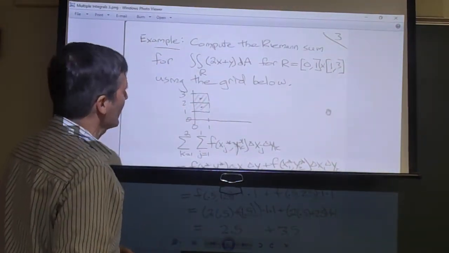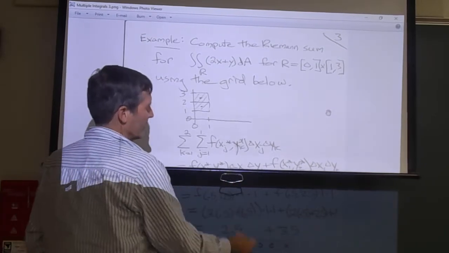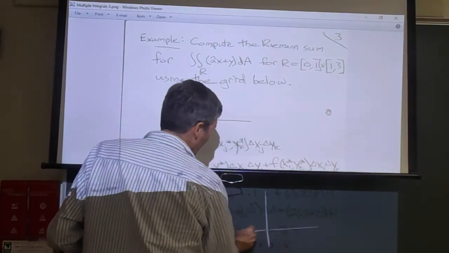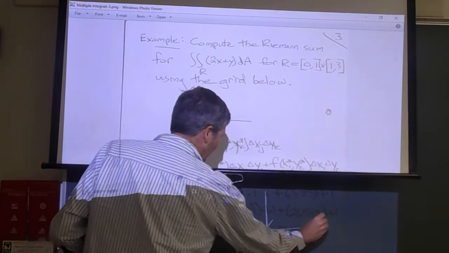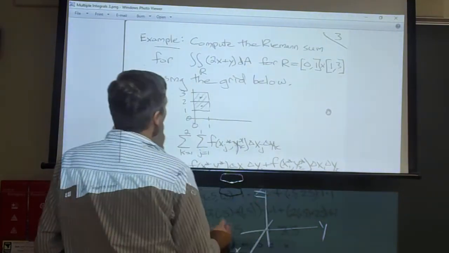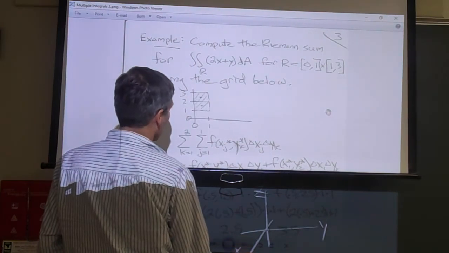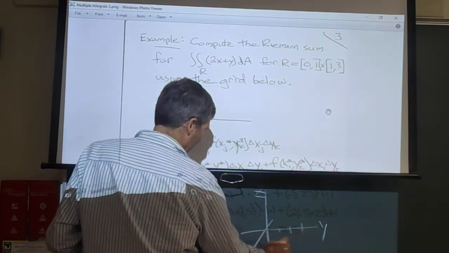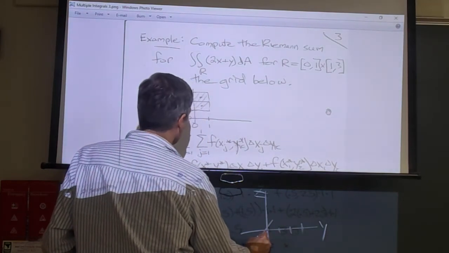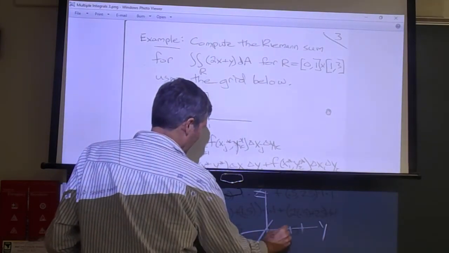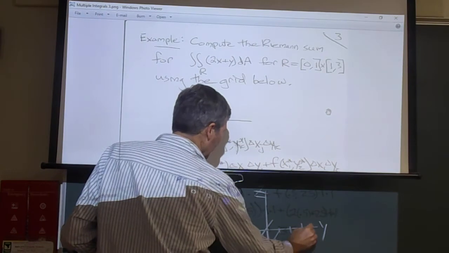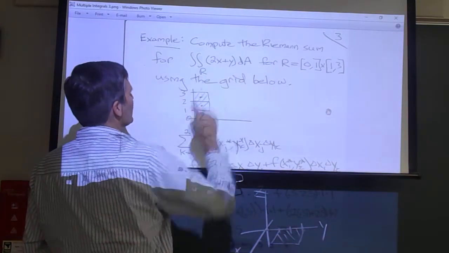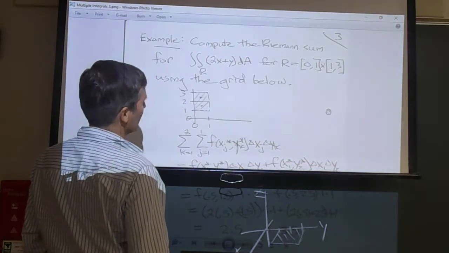And actually, let's just leave it like that and say, now over that region, here's x, y, and z. And the xy plane, y goes from 1 to 3. X goes from 0 to 1. And so you've got this little rectangle here in the xy plane, and you want the volume below the surface, z equals 2x plus y.